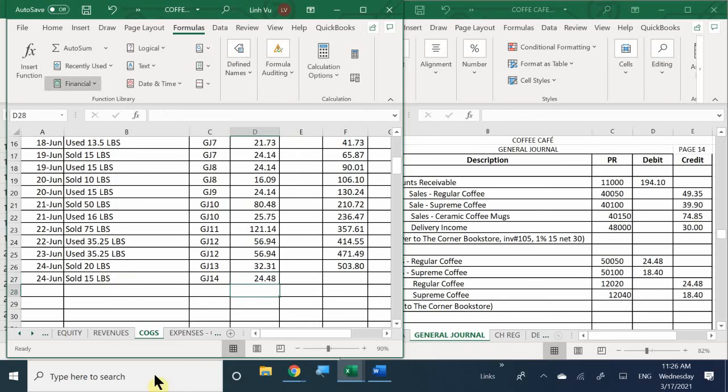I think that's right. So in grand total, how much is my cost of goods sold for my regular coffee? 528.28.